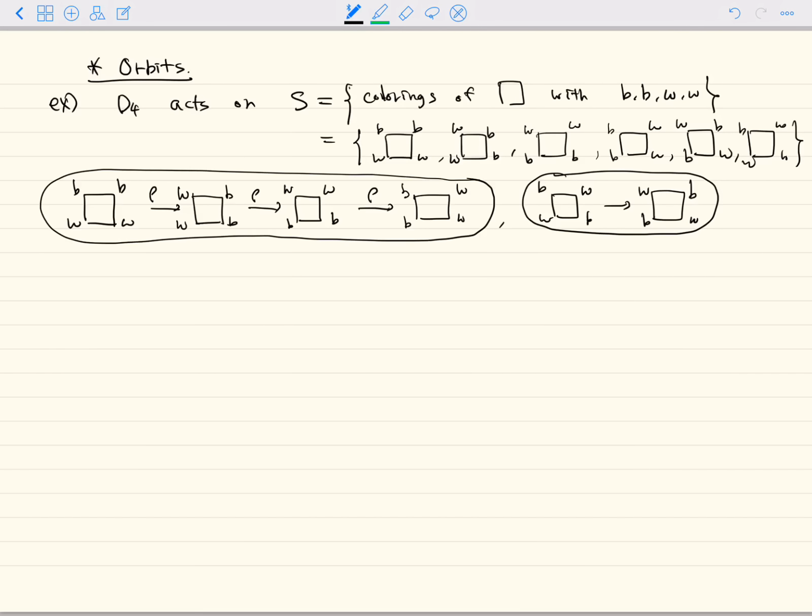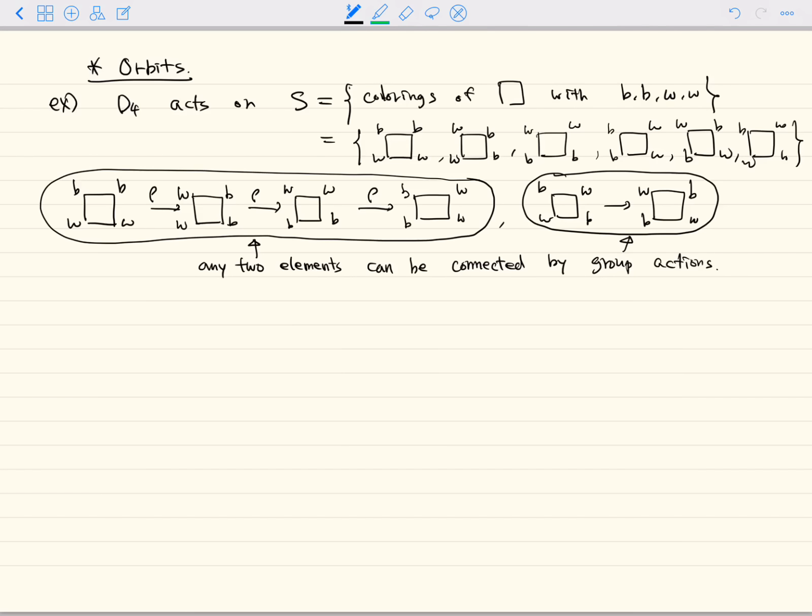So here, any two elements or colorings in this block can be connected by a group action.